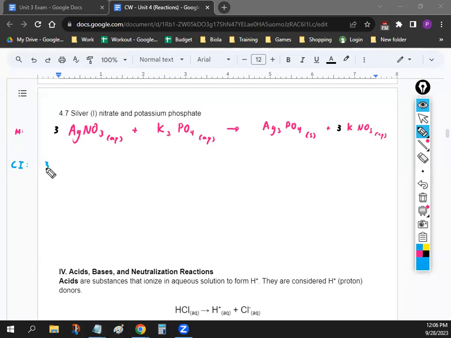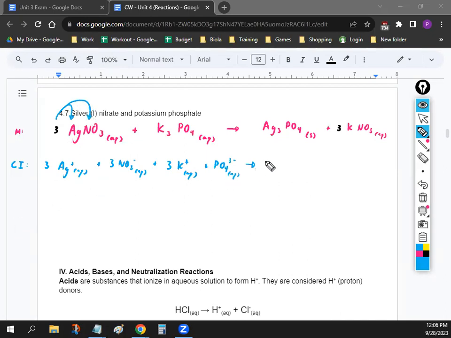All right. So you got 3 Ag pluses, which will be aqueous. You have 3 NO3 minuses, which are also aqueous. You have 3 potassium ions, which are also aqueous. And then you have your phosphate, which is aqueous. So I guess the tricky thing here is just remember the 3 is going to apply to both your Ag and to your NO3.